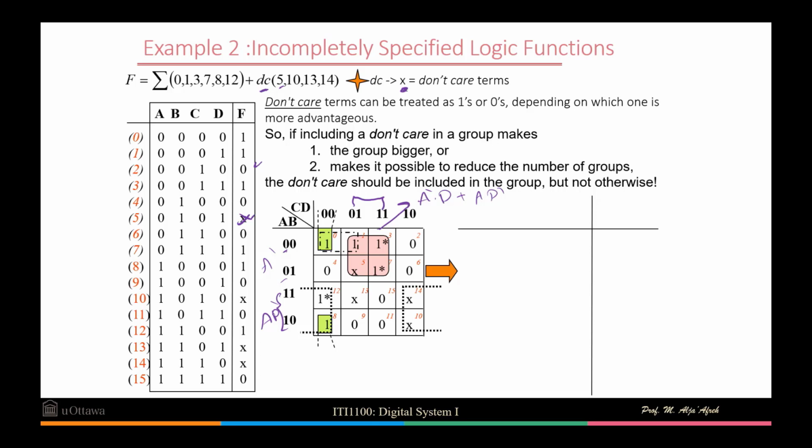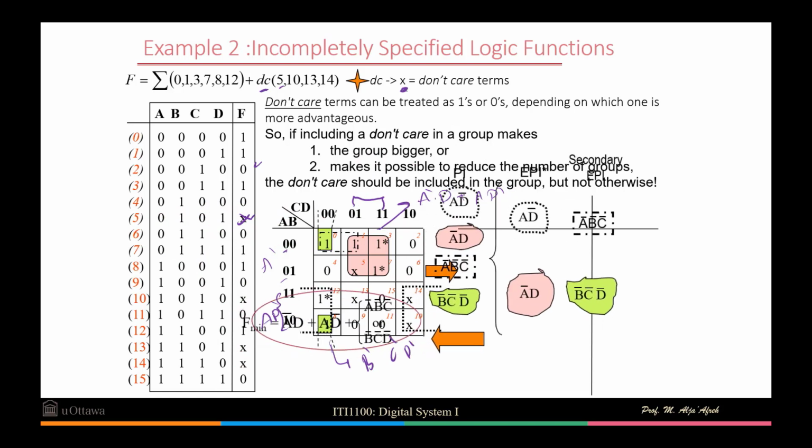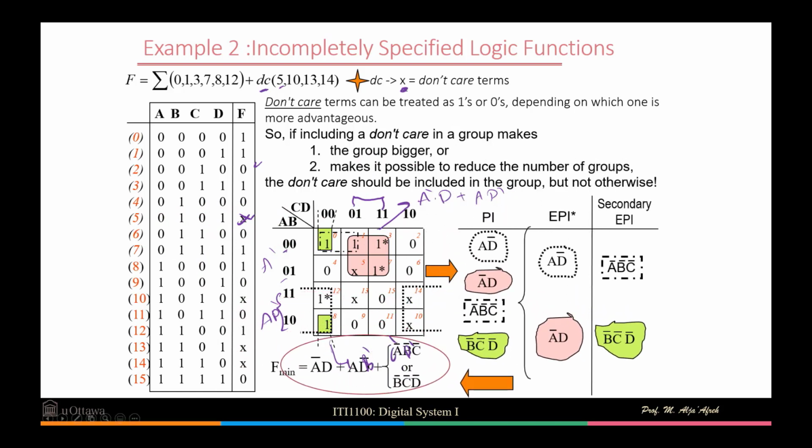So to get that, because it's a group of two, it will give me an implicant with three literals. If I go here, what's not changing, vertically, is B prime, and I take the code of the column, which is C prime and D prime. Okay, guys? So look at this. Let me rewrite it properly.